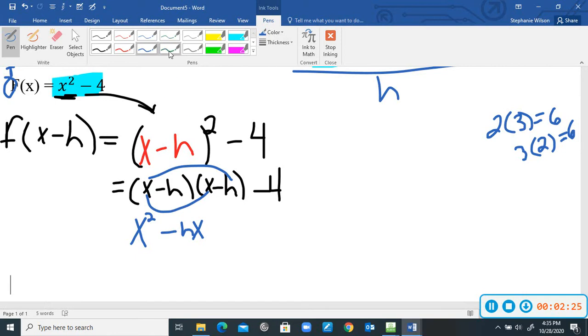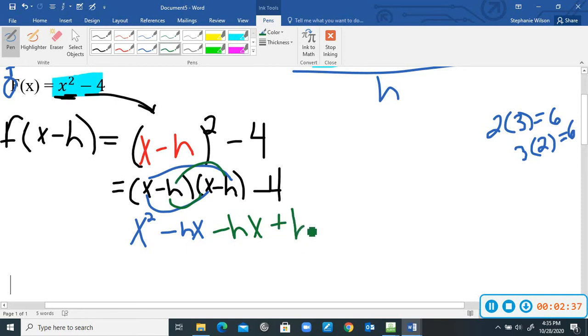Now I want to do the inners, negative h times x, and then the last, negative times negative is positive, and h times h is h squared, and then bring down the negative 4.